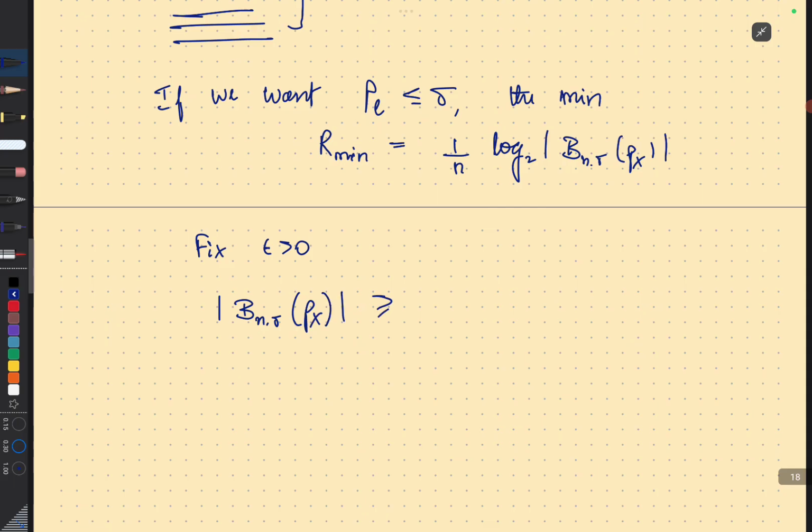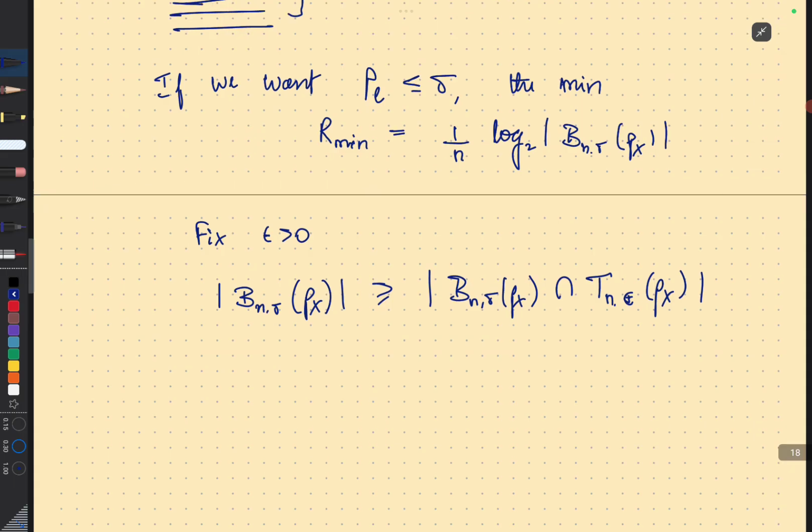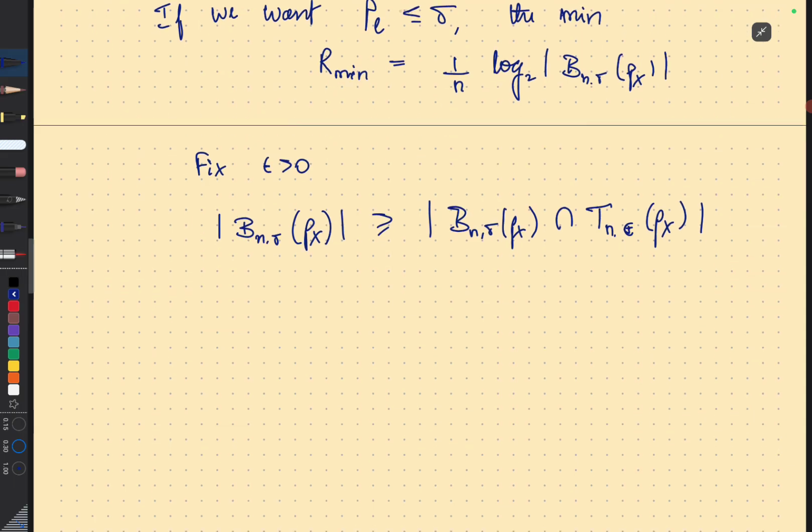But the cardinality of B_n^delta is going to be greater than or equal to the cardinality of B_n^delta intersection T_n^epsilon of P_X. Great. So let's keep this aside.